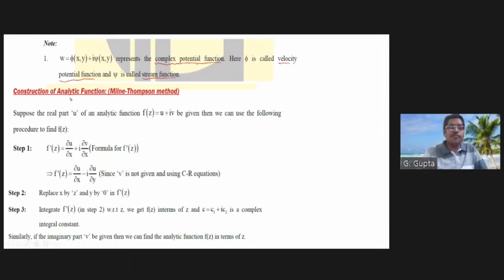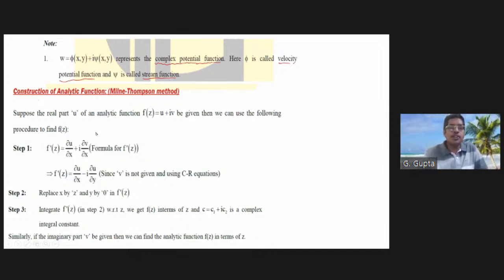Construction of an analytic function using the Milne-Thomson method. That means, either the real part u or the imaginary part v of an analytic function f(z) is given, then we can find f(z) in terms of z directly without x and y terms. They won't provide the f(z) function. They provide either u or v.